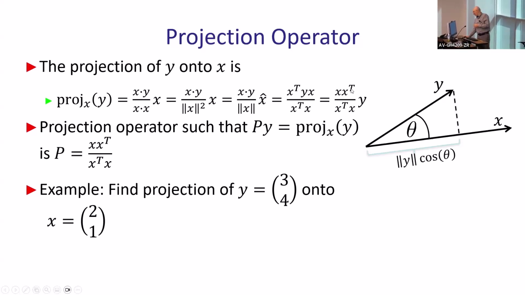And pay attention that this thing is technically a matrix. But you combine it as x transpose y, which is a number. This x transpose will be a row vector and y will be a column vector. So x transpose y will be a number. It's the dot product between x and y, right?